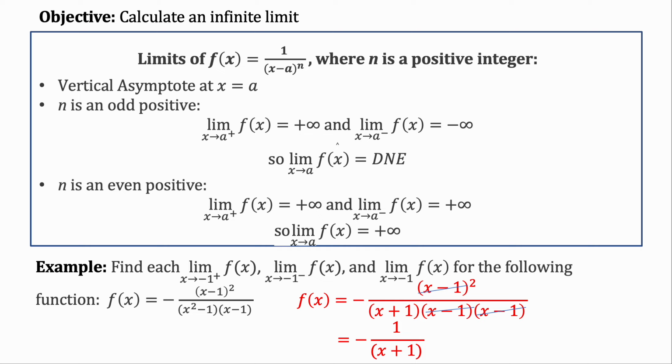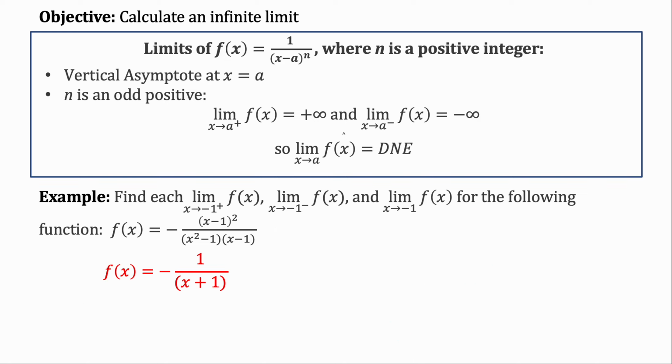So now, as we continue this example, you can see that it fits the category of f of x equals 1 over x minus a to the n. This simplified version has n as a positive odd. Now we have that vertical asymptote, that undefined value, at negative 1.